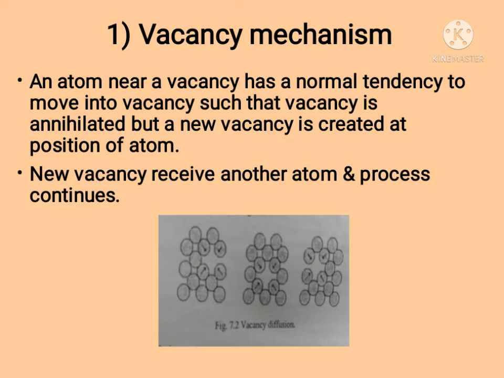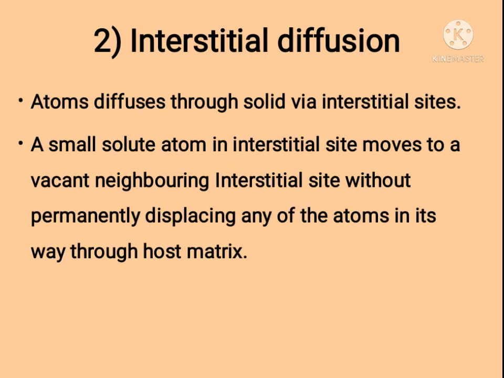As shown in the diagram, in the vacancy mechanism, an atom near a vacancy moves into the vacancy such that a new vacancy is created and the process continues. And then the diffusion process is completed. The next type is interstitial diffusion.